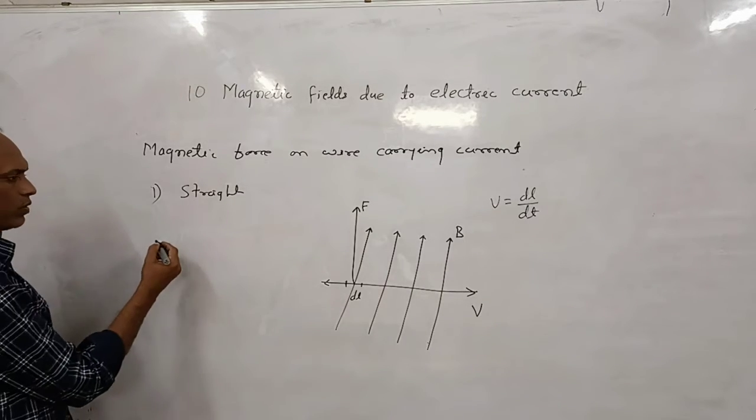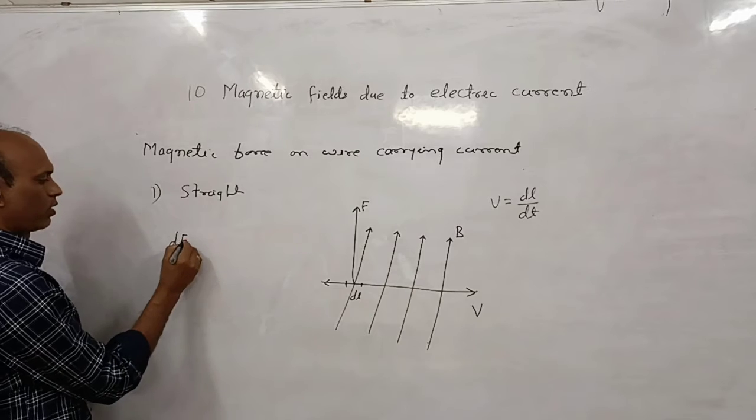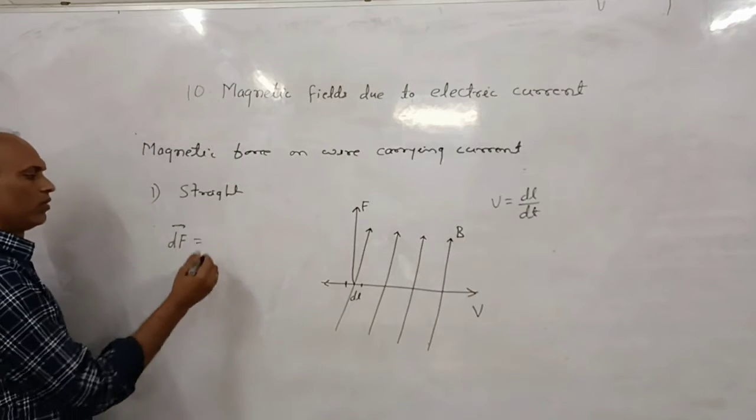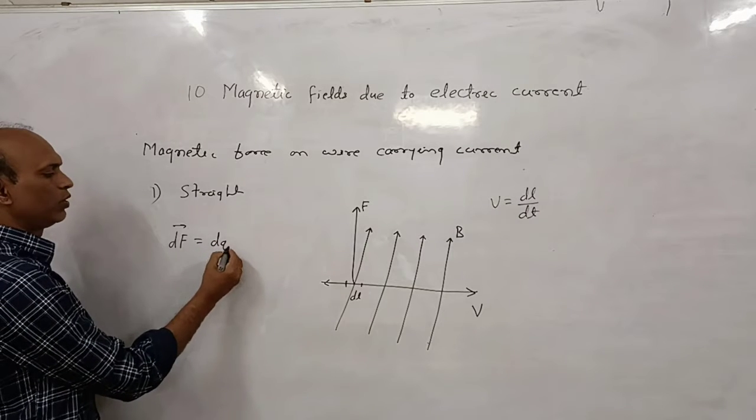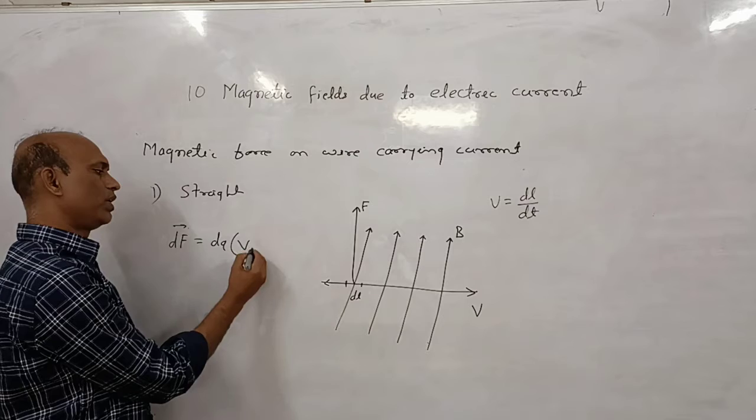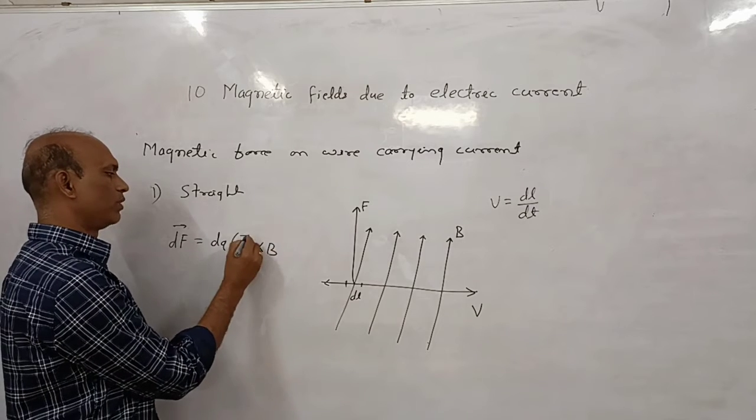So the force acting on the small element dl will be dF is equal to dq multiplied by v cross B.